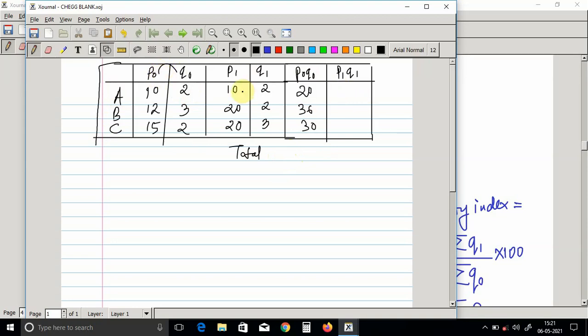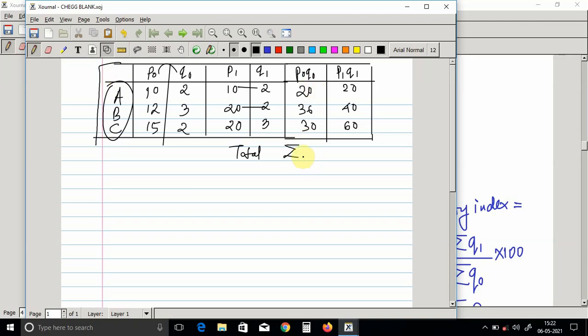What happens in the current year? So this is 20, this is 40, and this is 60. So what you will do, you will find the sum of the total, you will find the total amount. ये तीन चीज़ खरीदने के लिए बेस ईयर में कितना बिल बना, कितना पे किया, just add them.